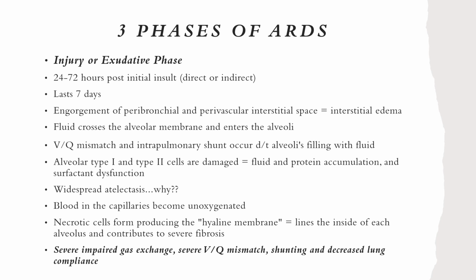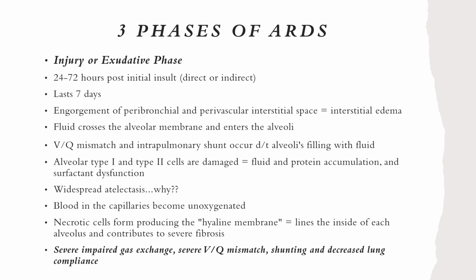So we know that because of poor gas exchange, our blood and our capillaries are not going to be oxygenated. And that leads to more necrotic cells. So we're going to have tissue and cells that are dying because of poor gas exchange. So what this is creating, it's called a hyaline membrane. So this is where we're going to talk about that membrane being fibrosed, and this is the reason why.